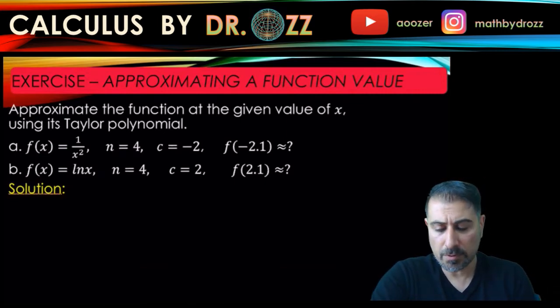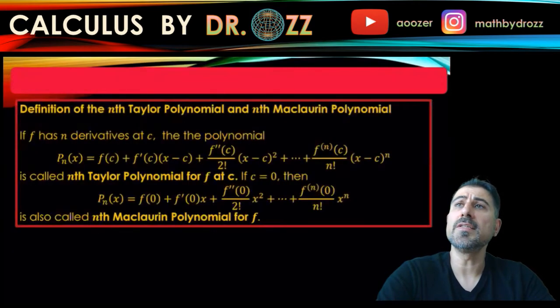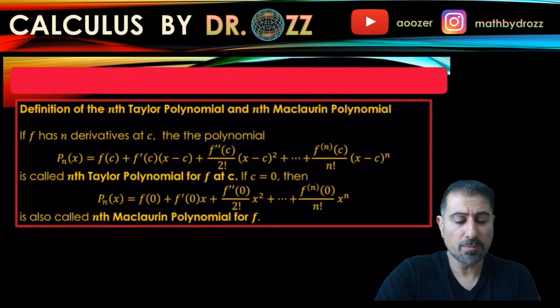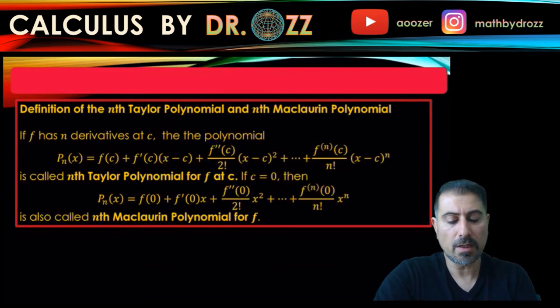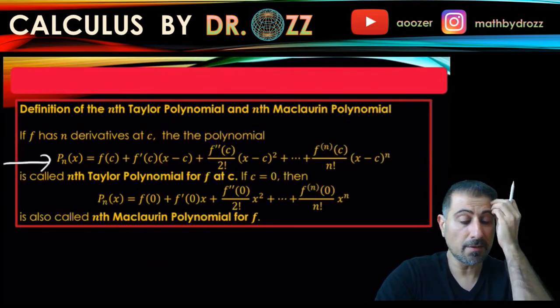So to remind you what the Taylor polynomial is, just see that if f has n derivatives at c, the Taylor polynomial follows this form. This is the Taylor polynomial for f written at c. So we're going to follow this form for the given function.